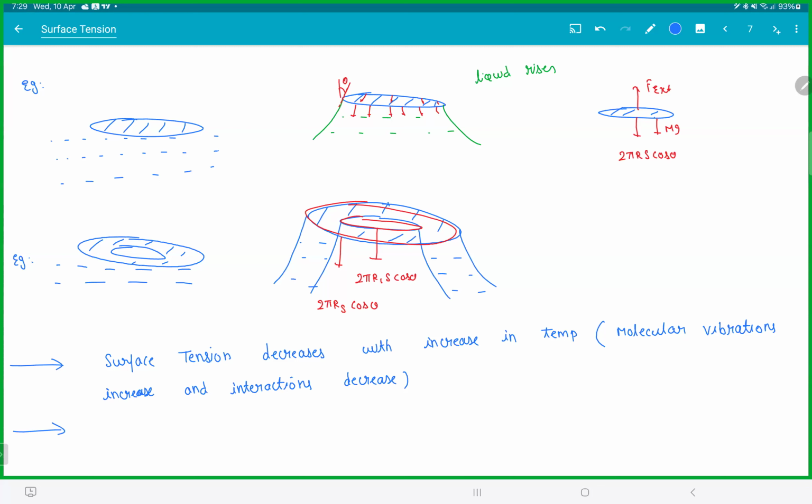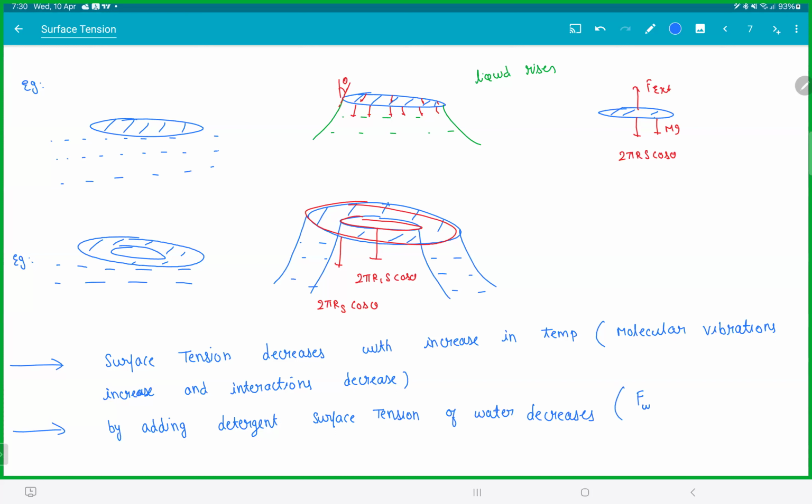Second thing, by adding detergent, surface tension of water decreases. But if you add alcohol, it increases. So what are you doing exactly? You're replacing the water molecules with the surf molecules.